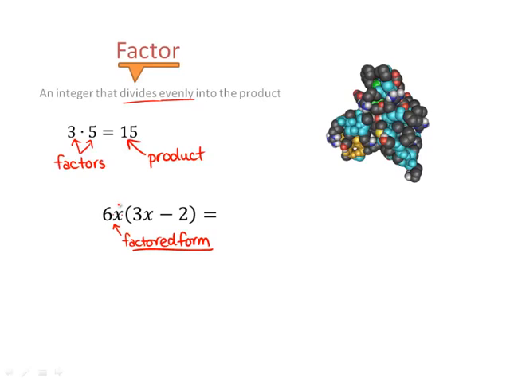So we could use the distribution property to expand. 6x times 3x gives us 18x squared. 6x times negative 2 gives us negative 12x. Now, this here is called expanded form.